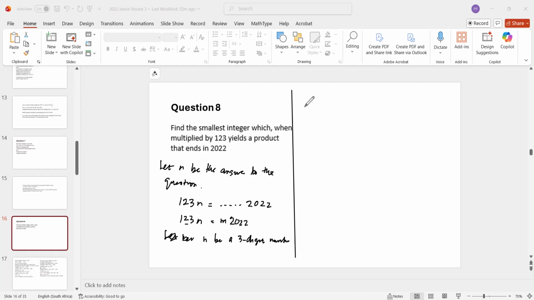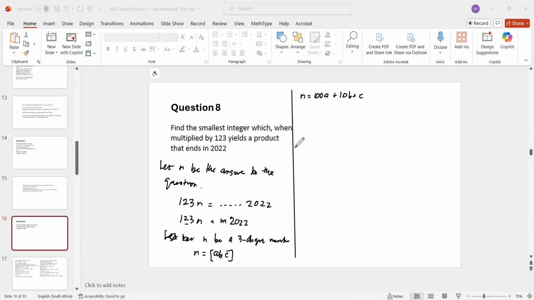We can write such a 3-digit number as 100A plus 10B plus C. I usually write down a thing like this, but I don't put it this way because that looks as if it's a product. I'll put a bracket around that.